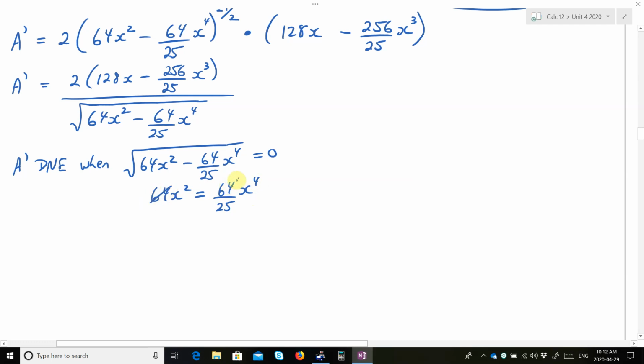And if you divide both sides by 64, that would cancel. Multiply both sides by 25, and we would have 25x squared equals x to the 4th. So x to the 4th minus 25x squared has to equal 0. We can divide out x squared and have x squared minus 25.